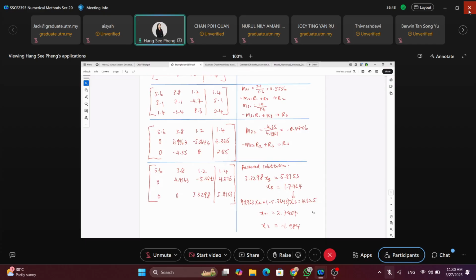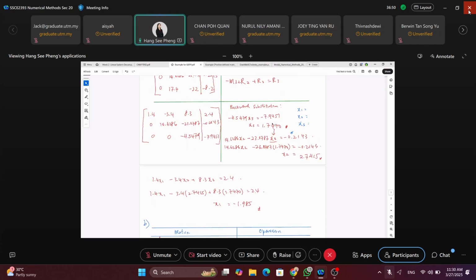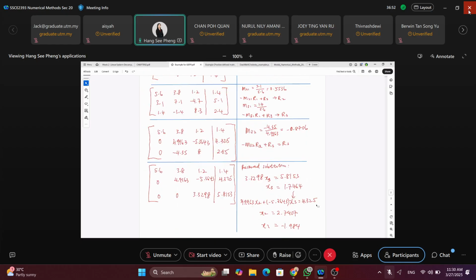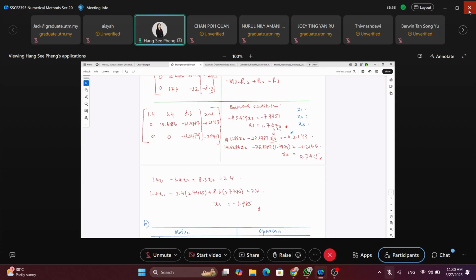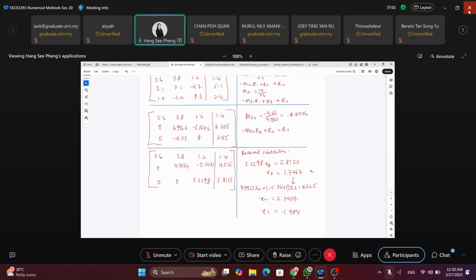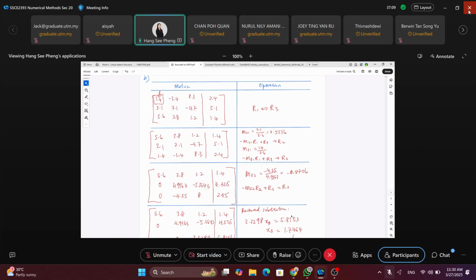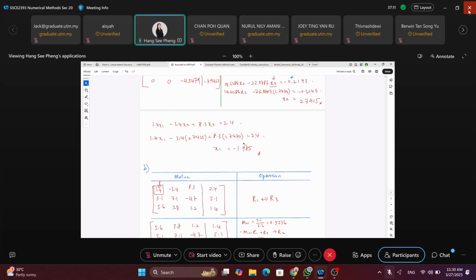So you can compare the solutions with this. They should be similar. X3 is 1.7464, and this one is 1.7470. Then X2 is 2.7415, and this one is 2.7407. And X1 is negative 1.9 something; this one is negative 1.985.